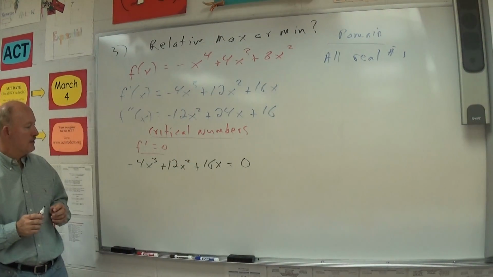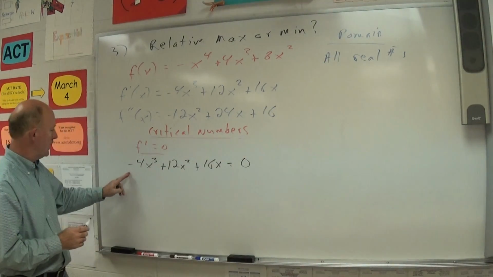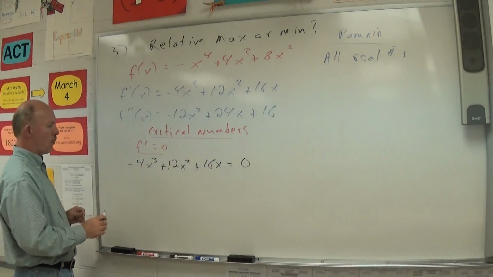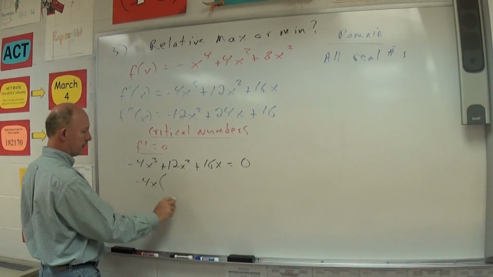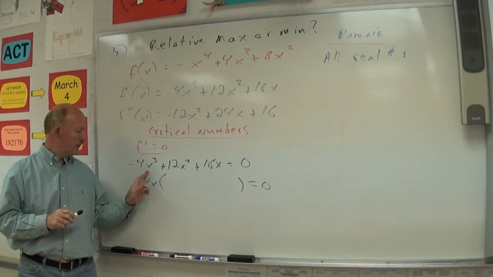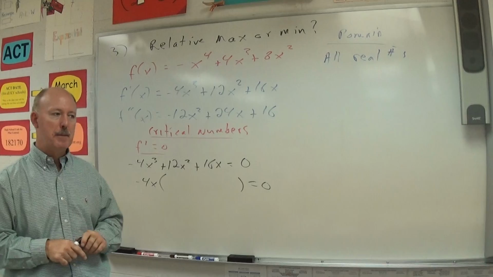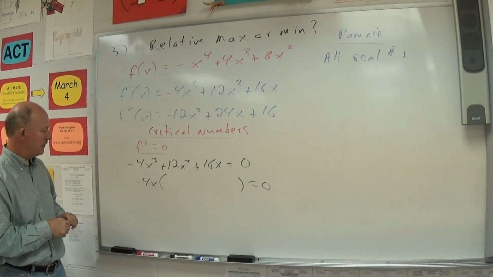Now we've got to solve this equation for x. I've got a common factor here, so let's pull off a negative 4x. Now, the first term inside is going to be a second degree, and I want that first term to be positive, so I'm going to factor a negative off.